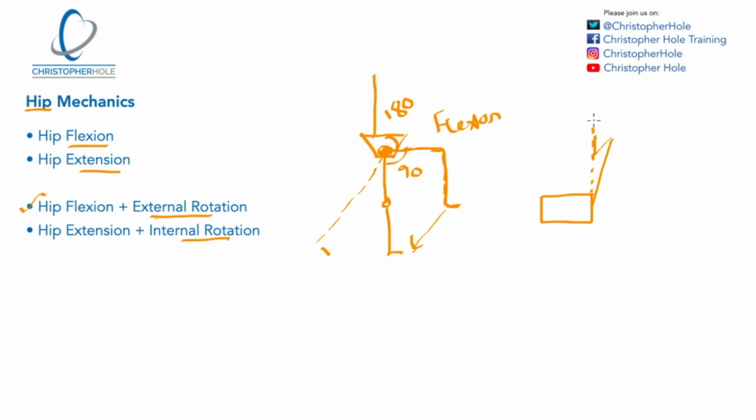So the knee is slightly out when it comes to the top of the movement. And then when it comes to internal rotation, it's the opposite. As the pedal stroke is pushed down, the knee comes back in. So there needs to be not only hip flexion and hip extension, but the ability for the hip to externally rotate and internally rotate.